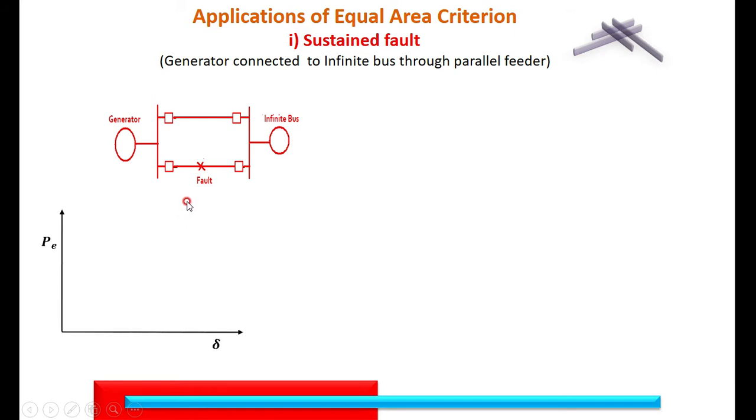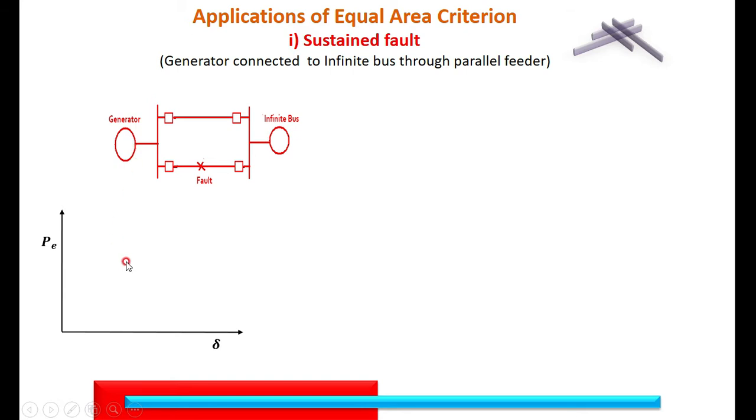That is why first, without fault, when the system is in healthy condition, that is there is no fault on the system, we have to find out the power angle characteristics of the machine, that is the output of the generator which is connected to the infinite bus. Here the two reactances come in parallel, in series with the reactance of the generator.